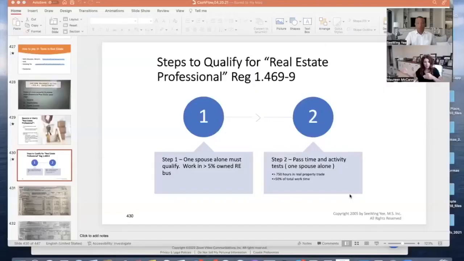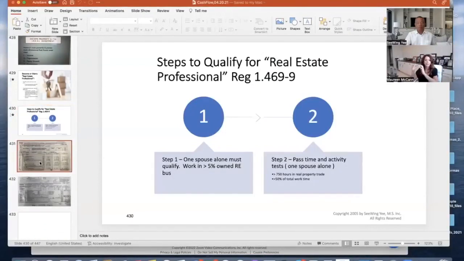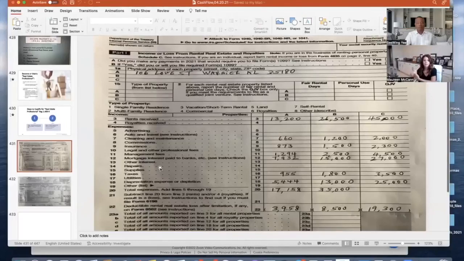So how do you take deductions against your ordinary income? This is what we're talking about: through a spouse who has the ability to file as and qualify as a real estate professional. Then you can offset that ordinary income with your passive losses through the real estate professional designation of the spouse.